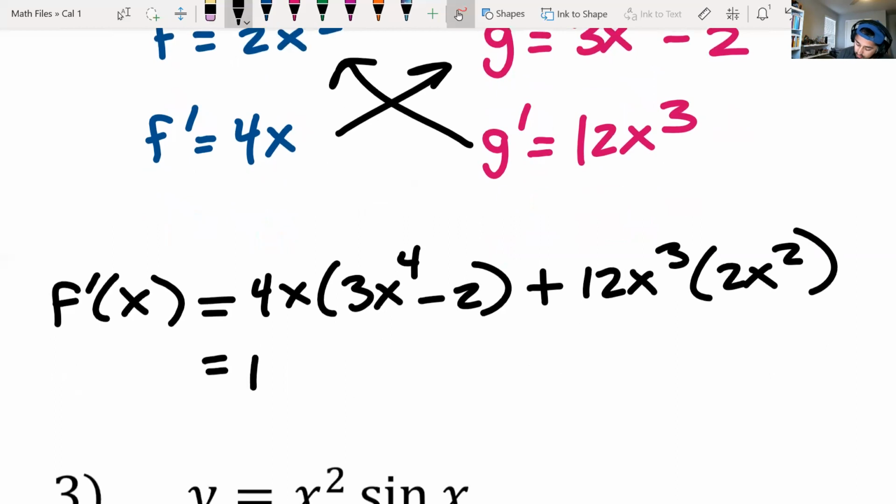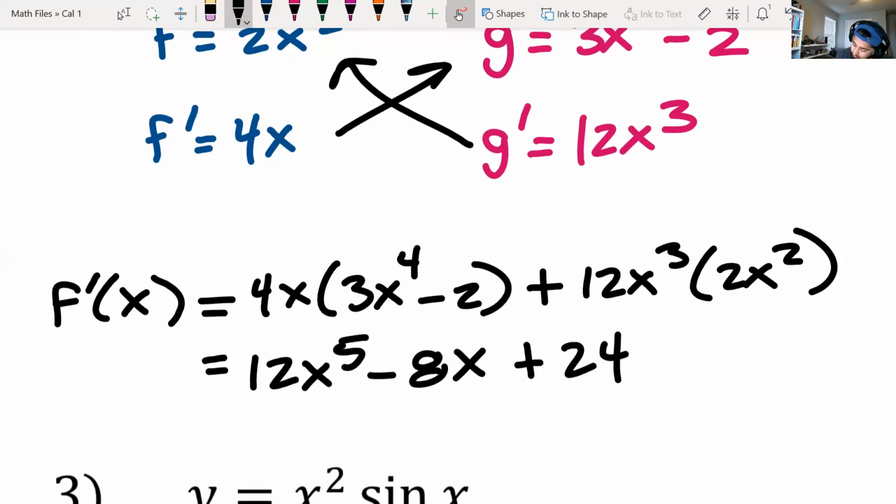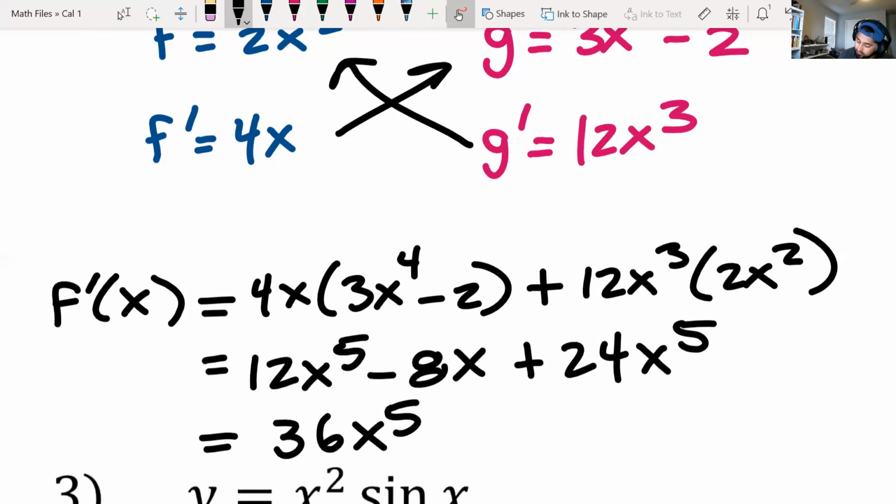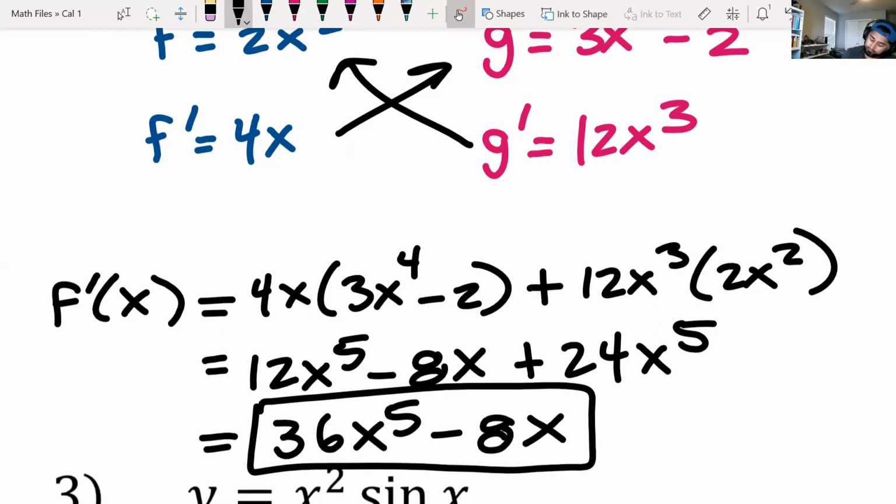And we'll get 12x to the 5th minus 8x plus 24x to the 5th, which will get 36x to the 5th minus 8x. There we go.